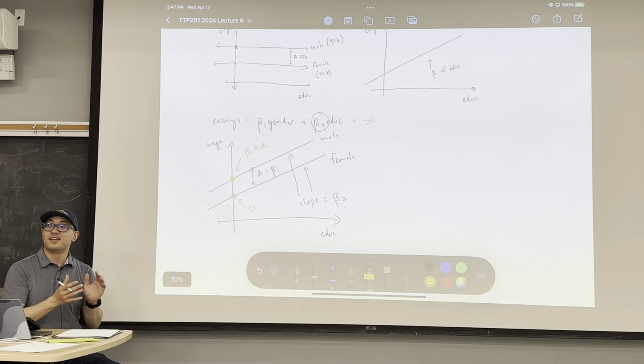I could do something like this. Y equals beta 1x plus beta 2x squared, and that may let you do something like this into the line, and I can continue to add in terms like so.